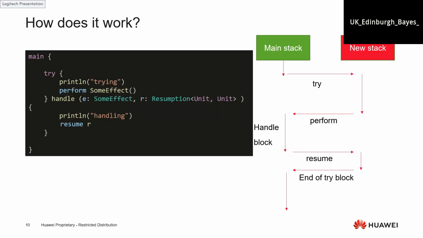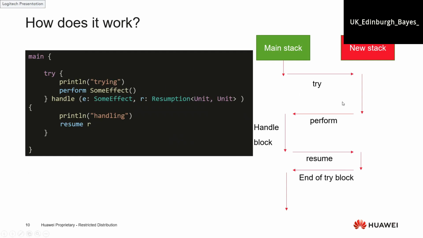So how does it work for deferred handlers? We have the normal function stack in main here. When we enter the try block, this code is run on a new stack. Essentially, we spawn a new thread, and that thread runs the code in the block here.